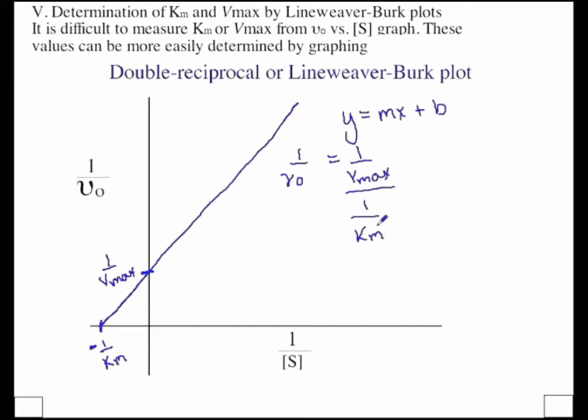That looks messy, doesn't it? And really all it is is Km over Vmax. So let's rewrite that. Just a quick note that can be simplified. So Km over Vmax times x, which is 1 over the substrate concentration, plus b. Okay, so b we know to be the intercept, right?